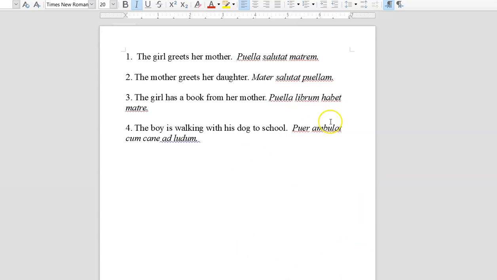So the boy, again, probably put this at the end. The boy, puer ambulat cum cane ad ludum, or if you prefer, puer cum cane ad ludum ambulat. So we could give other examples, but this is about as simple as it gets.